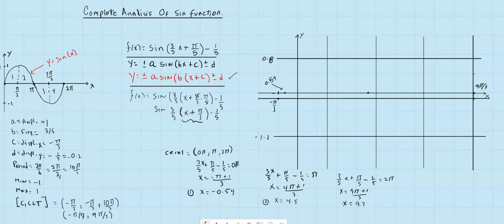And I know that my graph is going to look something like this. Let me just go up right here like this. It's going to be going out like this, all the way to the top right here. This is my maximum here.